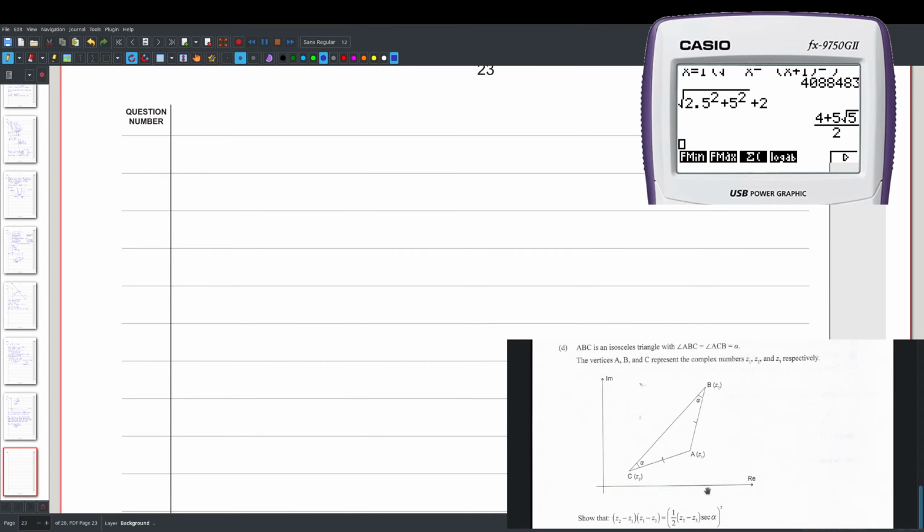Alright. Without loss of generality, assume z1 equals 0.